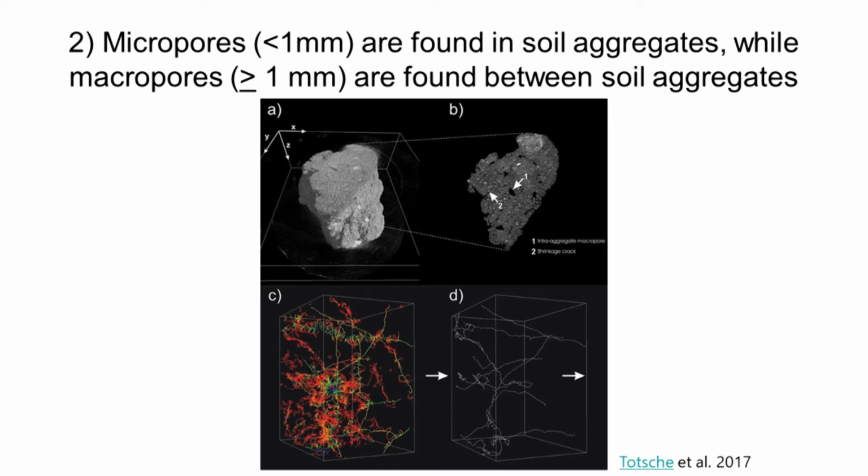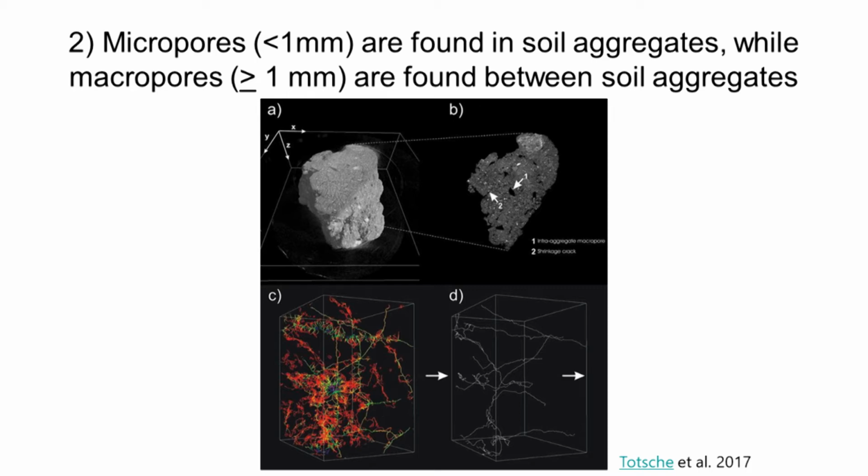Micropores, in contrast, do not let water pass through very quickly. But they can retain water via capillary action because the diameter is so small, and because of the adhesive forces between the water and the soil particle in those micropores. Micropores are generally found within soil aggregates. They're found in the aggregates themselves.